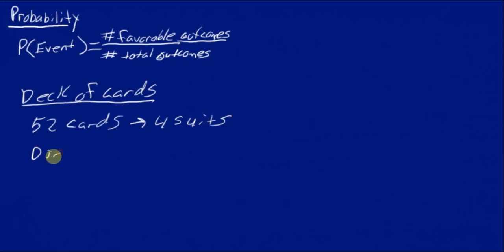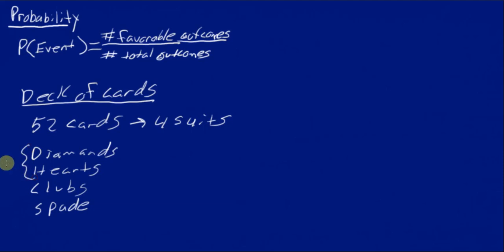We have diamonds, hearts, clubs, and spades. The hearts and diamonds are red, and the clubs and spades are black.